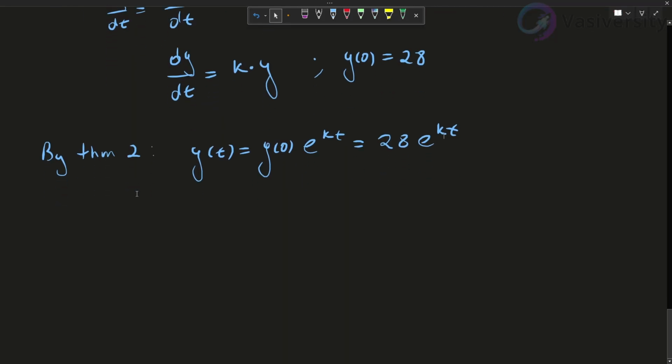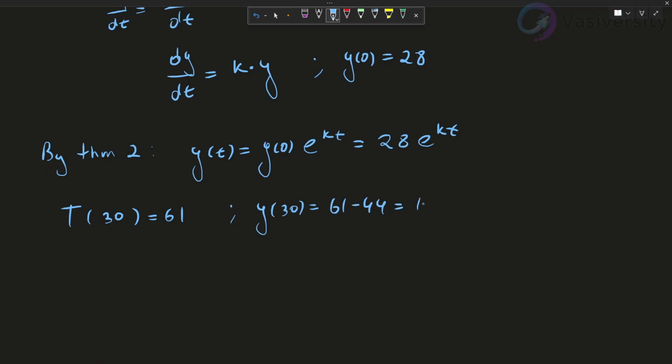We are given time-wise that after half an hour, so we're going to do it in minutes, 30 minutes, the temperature is 61. So y of 30 is equal to 61 minus 44. We have to scale it back, so it's 17. That means 28 times e to the 30k is equal to 17.